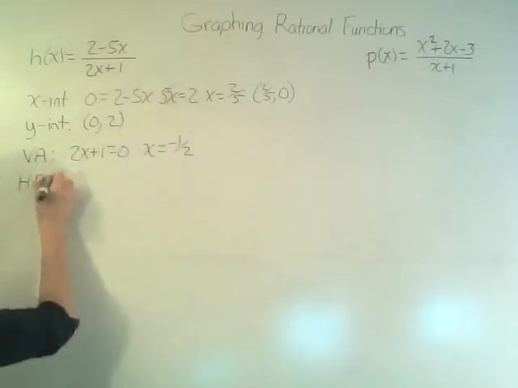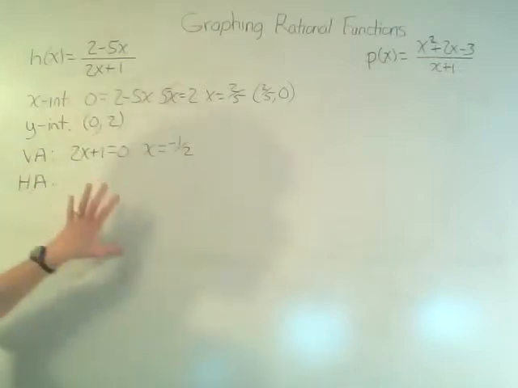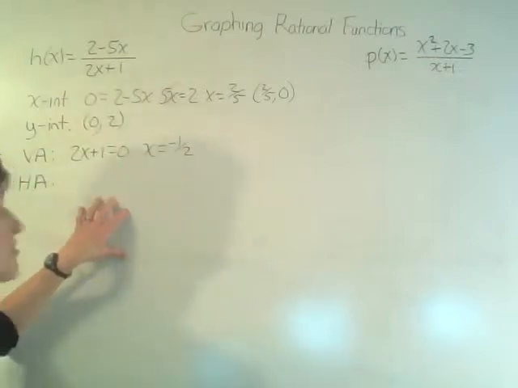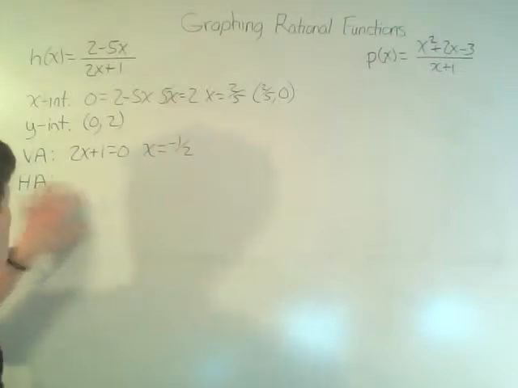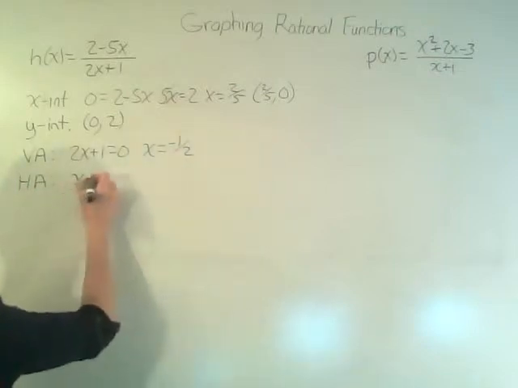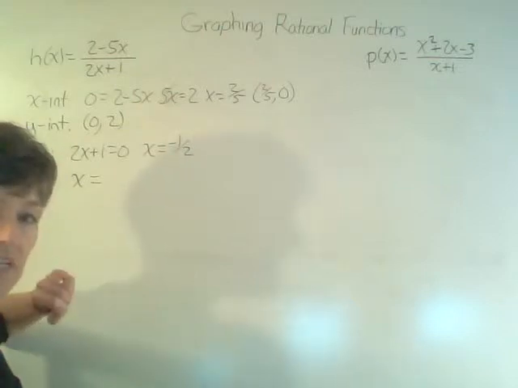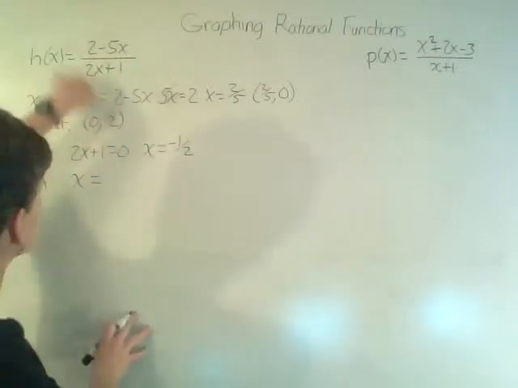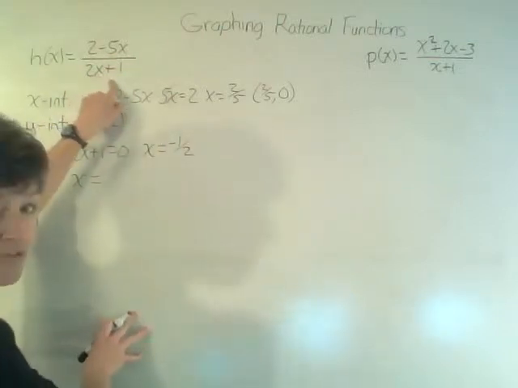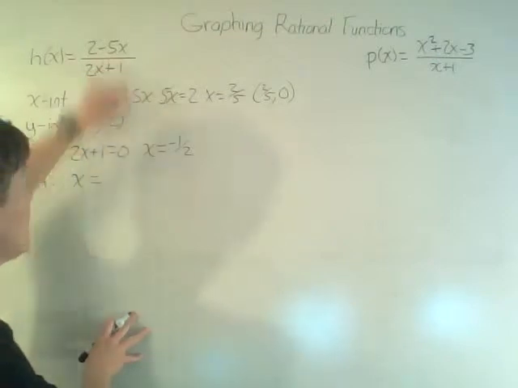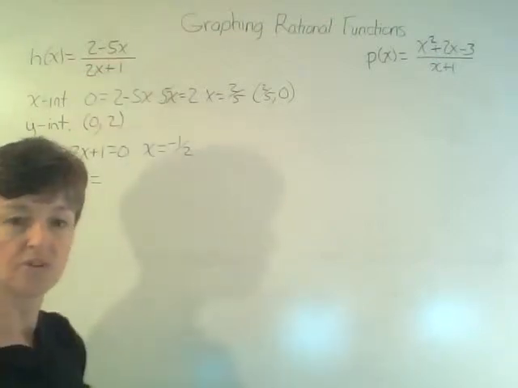My horizontal asymptote for functions in this category, where the degree of the numerator is the same as the degree of the denominator, is made from the ratio of the leading coefficients. So if I look at my expression here, my leading coefficient in the numerator is -5. It's not the number that comes first.